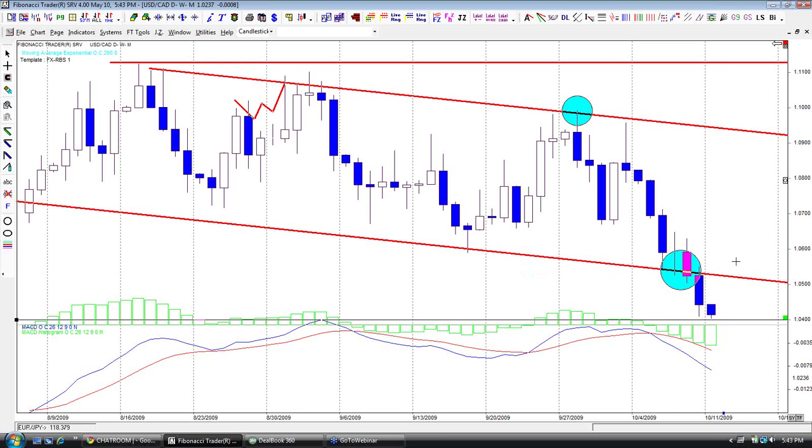Now we have a much higher probability of the price dropping all the way down to the bottom side of the channel and moving up than to reverse anywhere. And here we have a direction, from the top side of the channel to the bottom side of the channel.